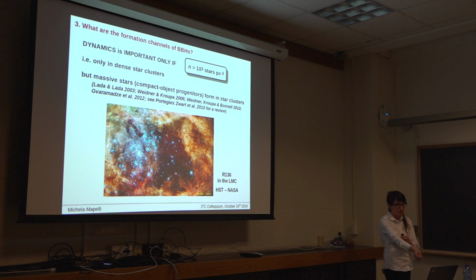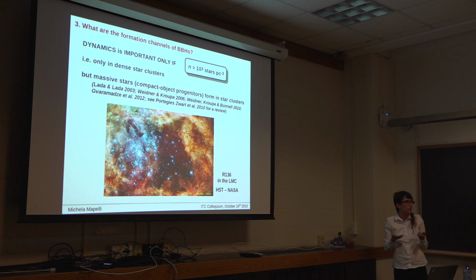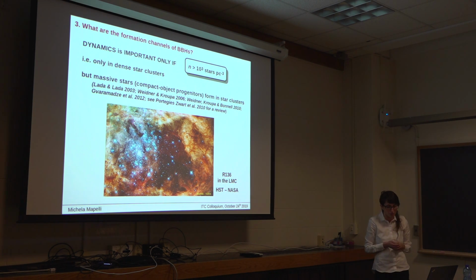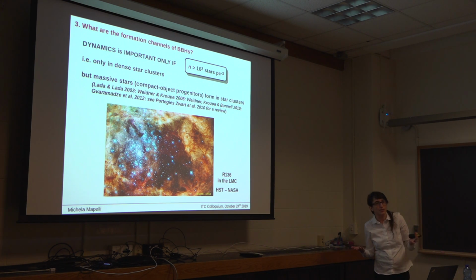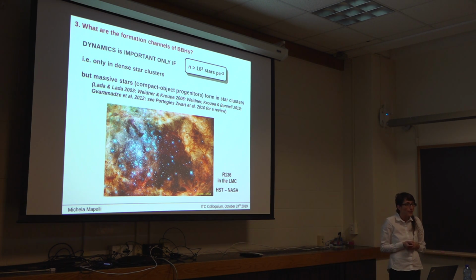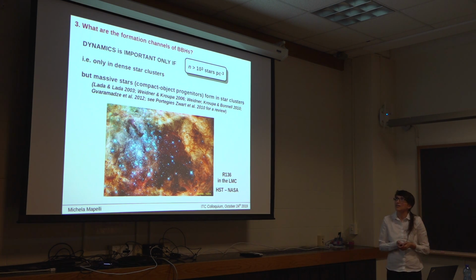As I said, nature is always more complicated than we can think about, so there is also at least another possible formation channel, which is dynamical evolution. When the environment is really dense, higher than about 1,000 stars per cubic parsec, then stars and binaries can undergo close encounters with each other, and these close encounters, of course, perturb the orbits of binaries.